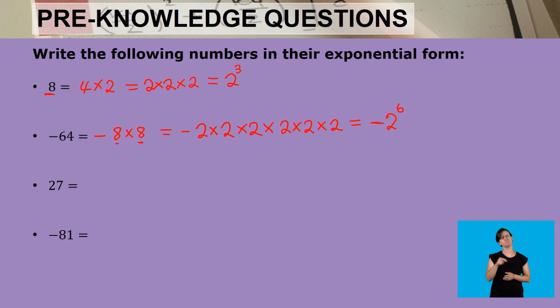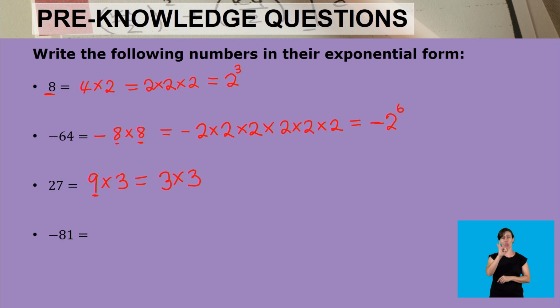So now 27 we know is 9 multiplied by 3. So we know that the 27 is equal to 9 multiplied by 3. Now how can we expand that further so that we can write our 27 in exponential form? So we know that 9 is equal to our 3 multiplied by 3.